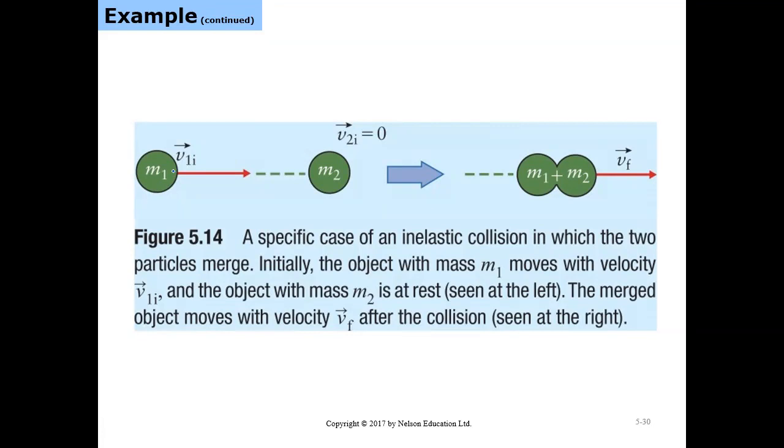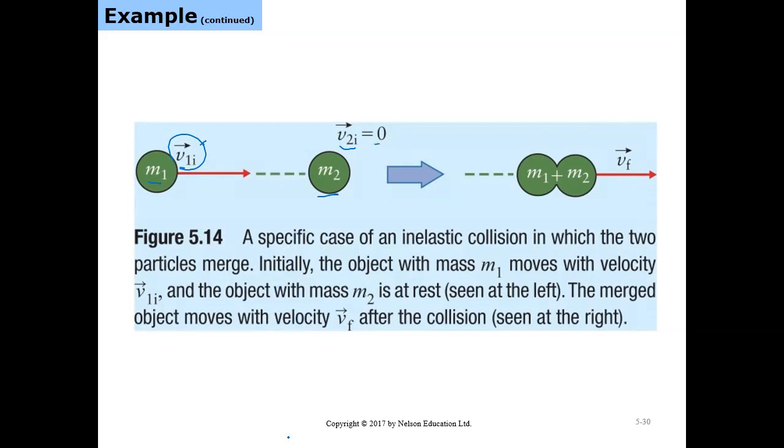And M1 has a velocity V1I. So M1 is mass number 1, so velocity number 1. I for initial, before collision. So this is the velocity of M1 before collision. And M2 has a velocity, let me call it V2I, but we make it 0 because we want to take a simple case.